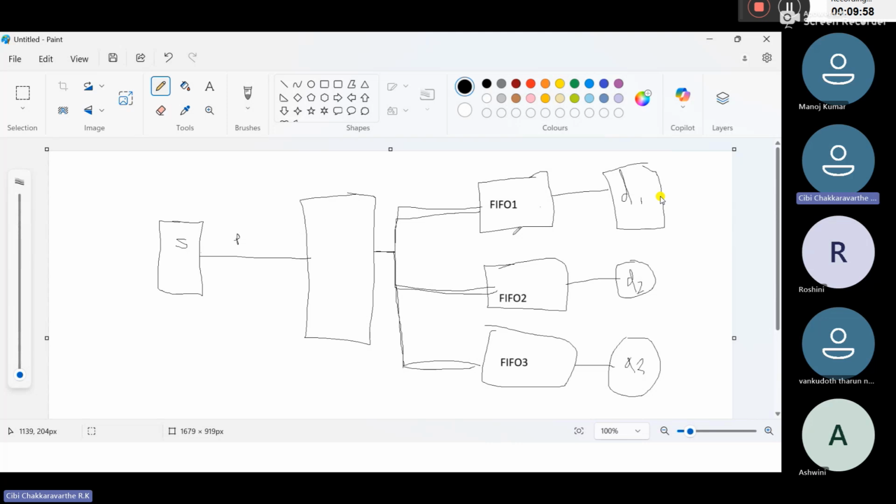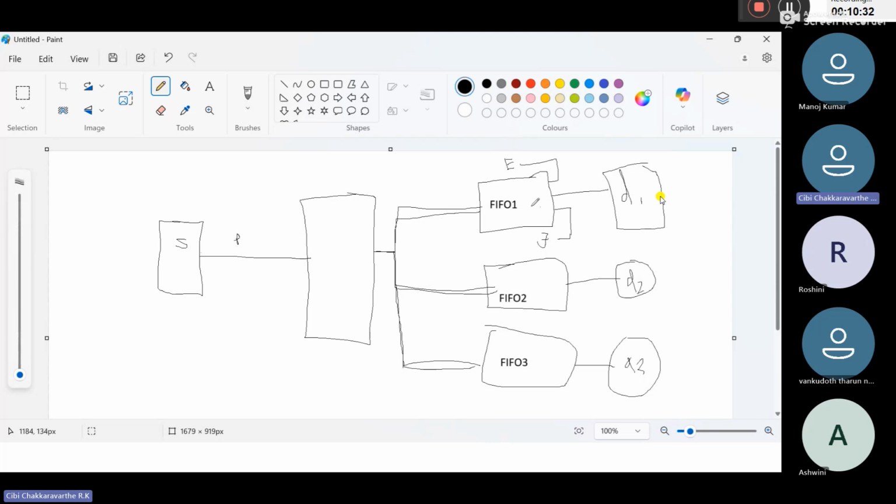At the same time, FIFO has signals like full and empty. FIFO has the capacity to tell the status of the packets it can hold, that is, whether the FIFO is full or the FIFO is empty.